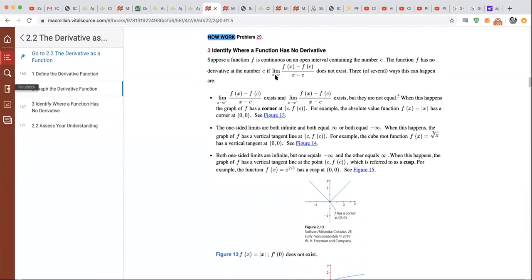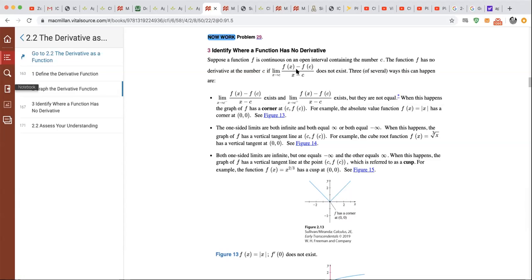So notice what you've got here, the change in y over the change in x. This is the slope. As x is approaching c, as these numbers get closer and closer, the slope is what you're talking about, okay?